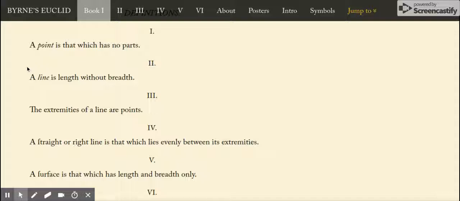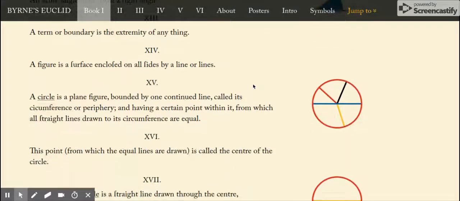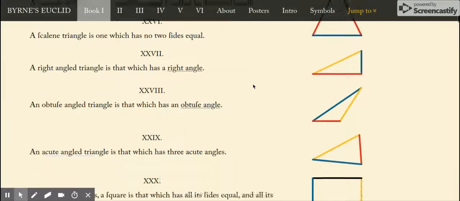A point is that which has no parts. How could you come up with a simpler and more elegant way to explain the idea that the point is just a location, and that's all? No length, no width, no depth. So this is very beautiful, very beautiful.